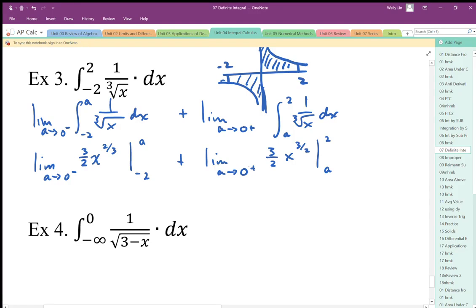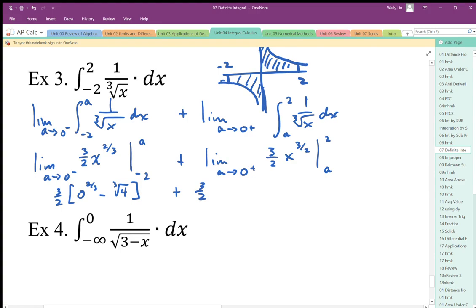So we're just going to put 0 in. So I'm going to end up with 3 over 2, 0 to the 2/3, because we plug in 0 for a, minus, when I plug in negative 2 there, I'm going to square it and cube root it. So it's going to be the cube root of 4. Okay, plus 3 over 2 here.